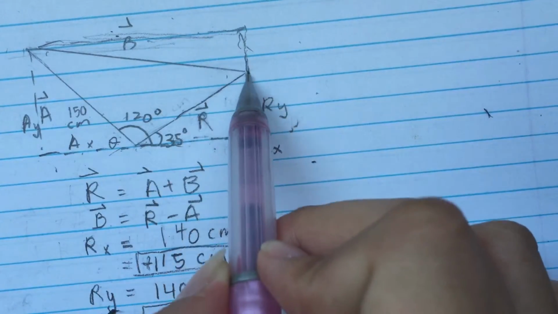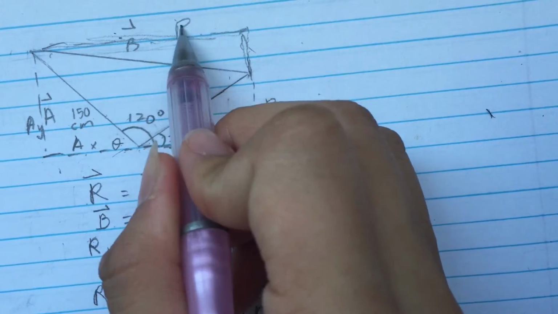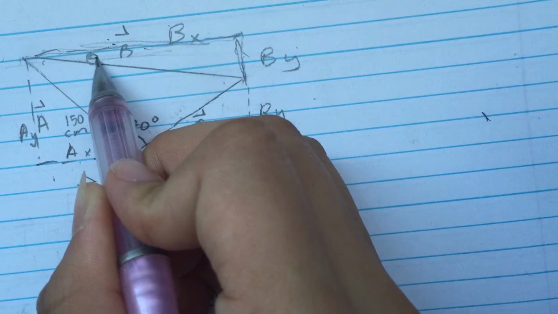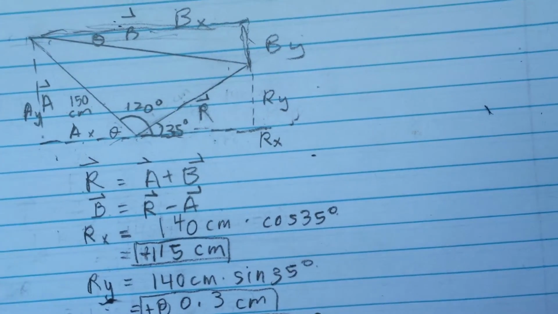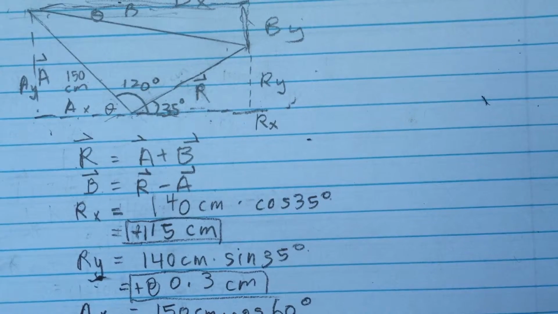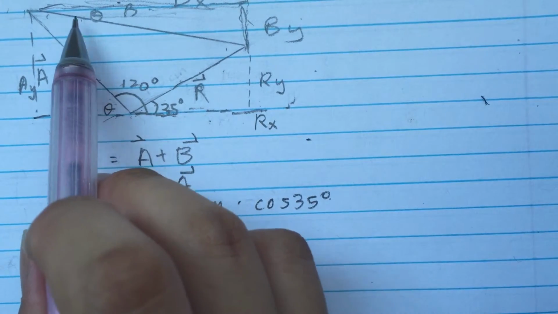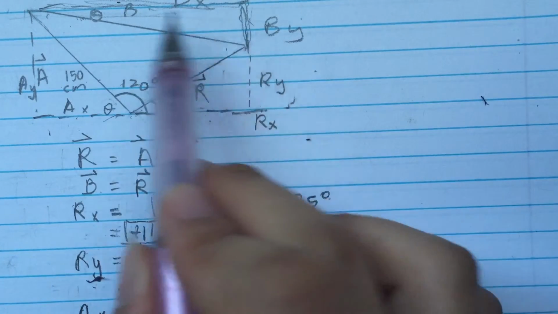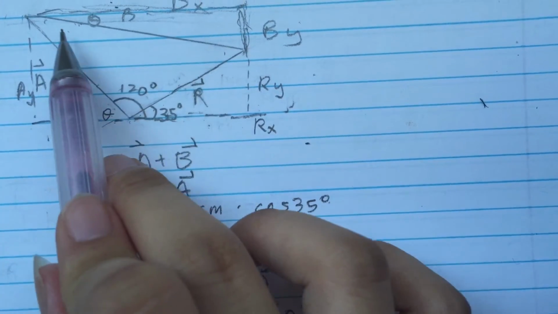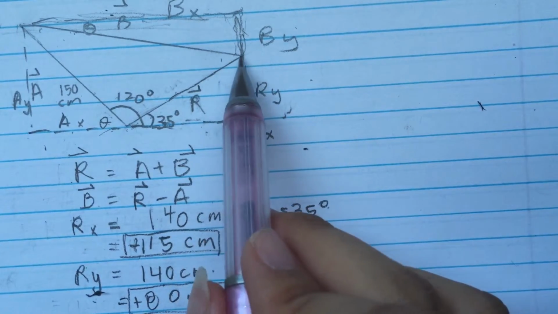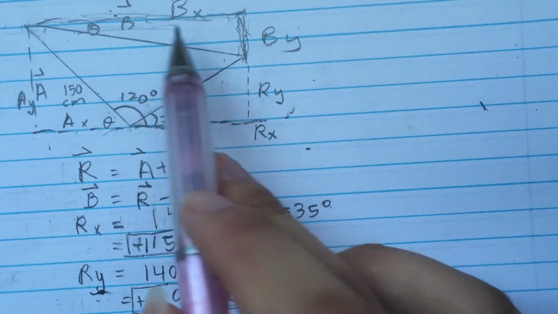So Bx and By, and that's just going to be theta for B. If we want to find the theta of this, we're just going to have to do opposite over adjacent, which is tangent theta, right? And we know both the y component of B and the x component of B.